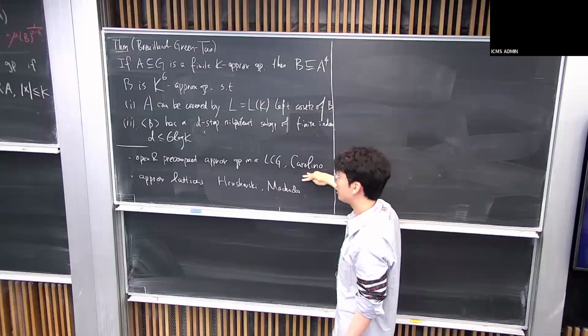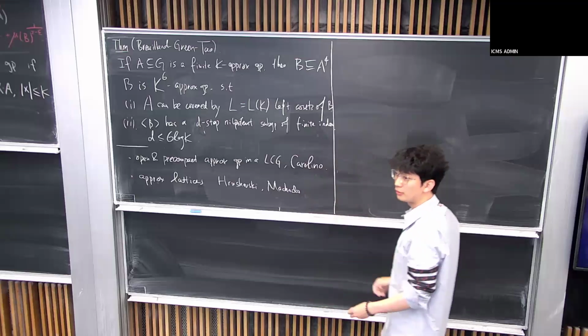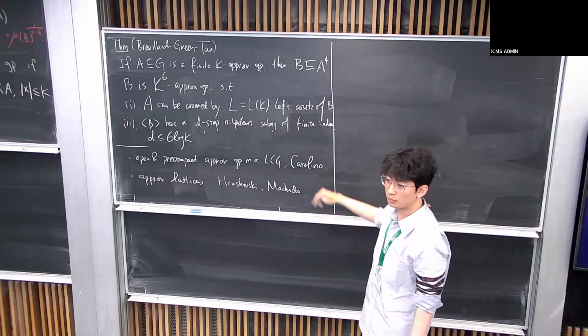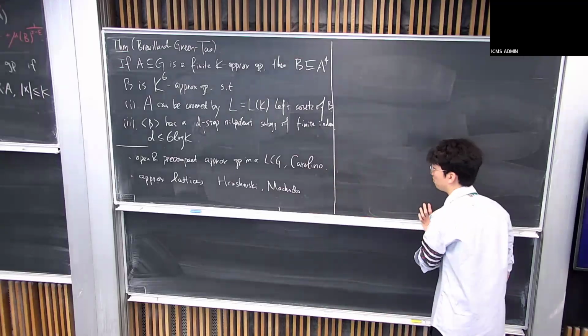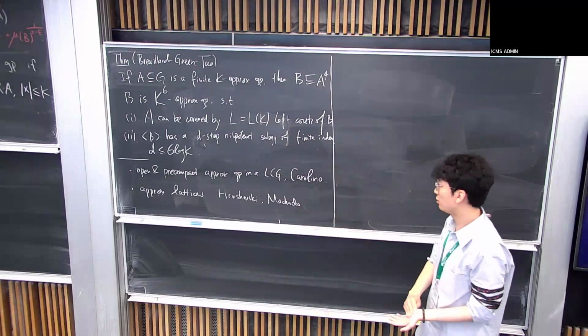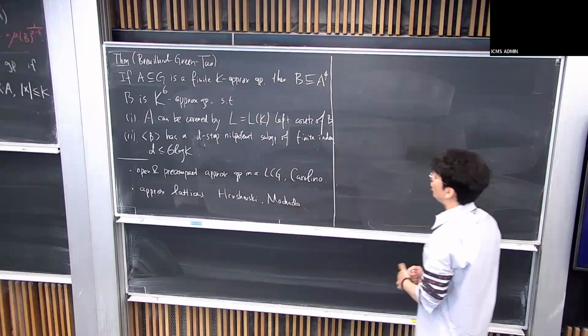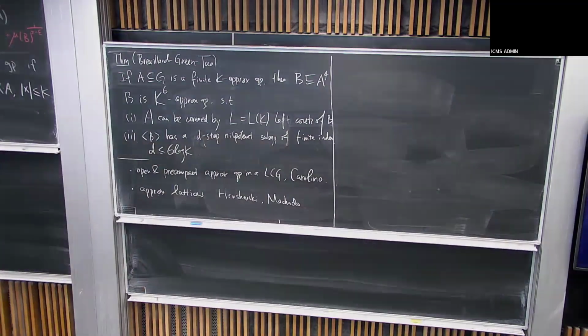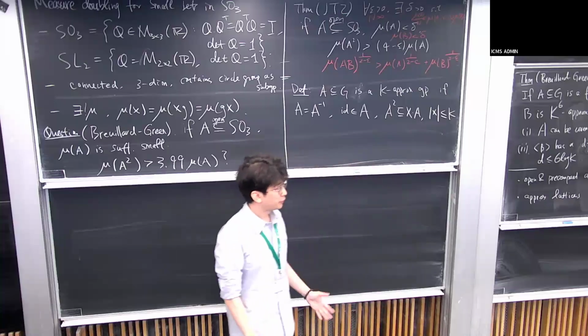Also the Carolino result is not quantitative at all. It's ineffective, using the Lie model theorem two or three times. I think it is the same for approximate lattices, where you have to use the quasi-Lie model theorem obtained by Udi. So this is the first motivation. We want to understand things quantitatively, so we want to understand the continuous setting, the first step.